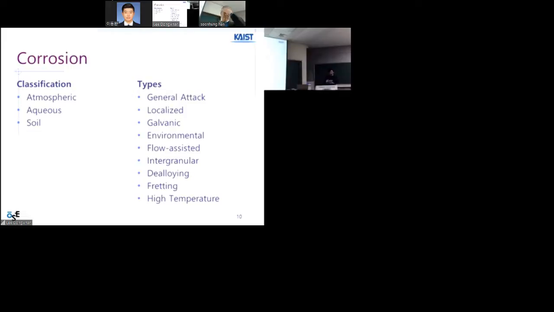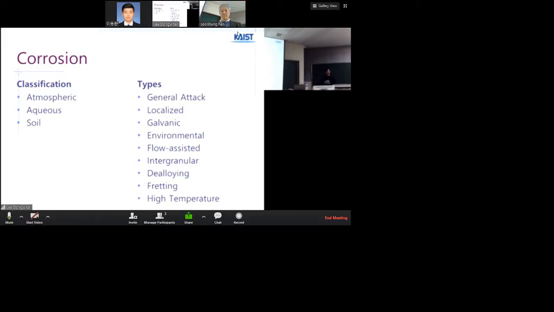Next one is environmental. Environmental corrosion is due to environmental factors like temperature, chemicals, and stress. Next one, flow assisted. What is flow assisted corrosion?